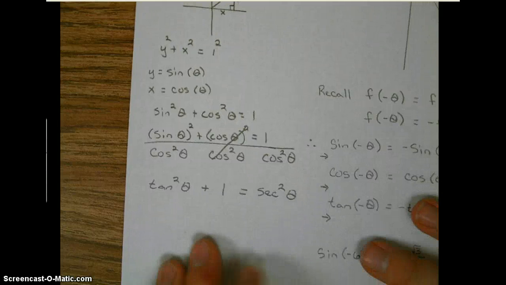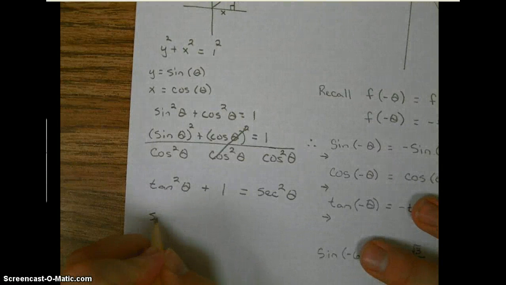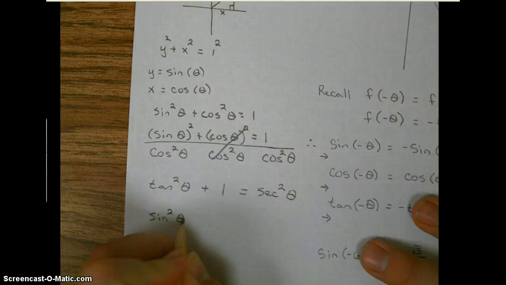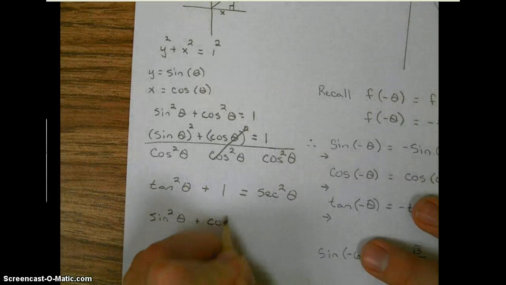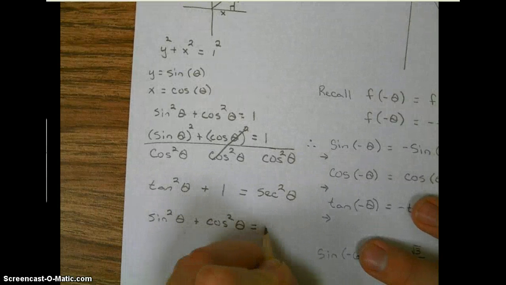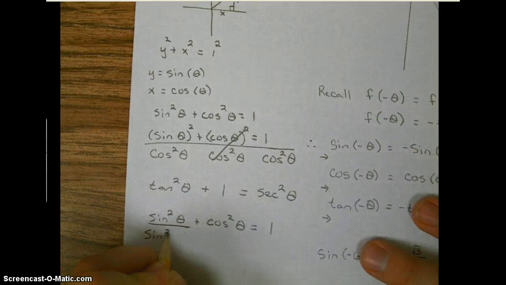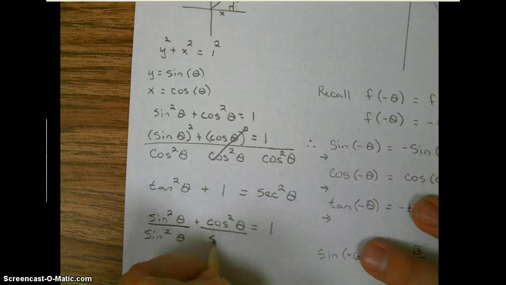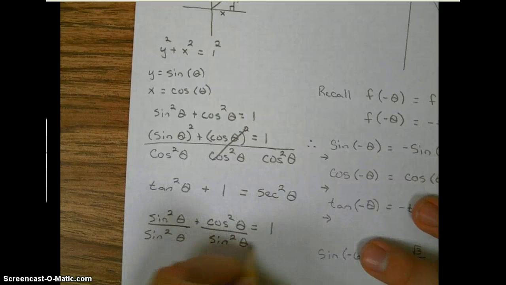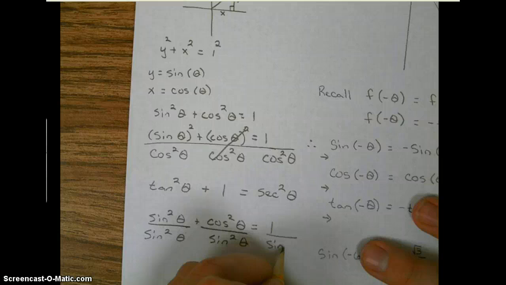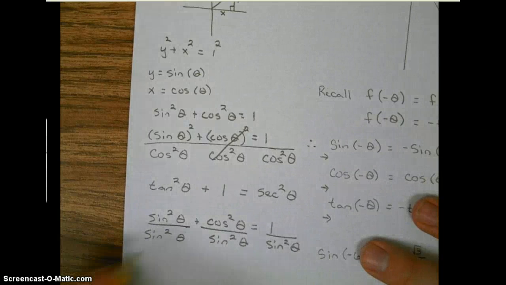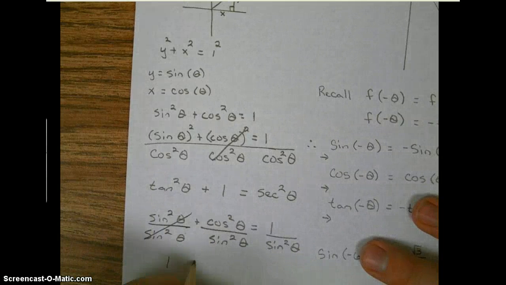The next identity is found by taking the Pythagorean identity and dividing it through by the sine squared theta. Divide everything by sine squared theta. So that cancels and gives us 1.